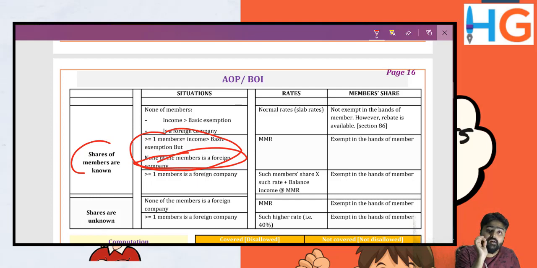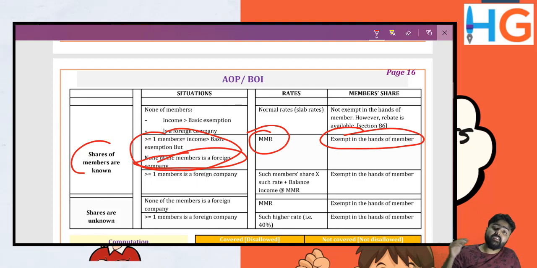Directly tax the AOP at maximum marginal rate. No questions asked. Since the AOP is already taxed at the highest rate, there is no sense in making the amount taxable to the member. Hence, it is exempt in the hands of the member.